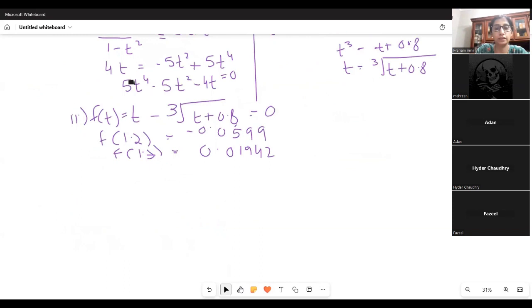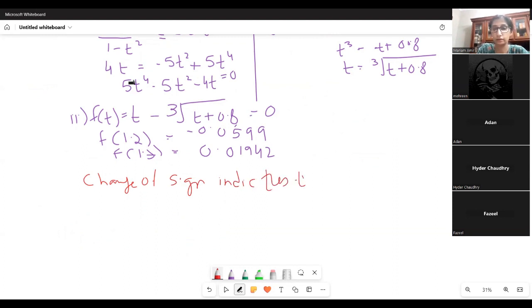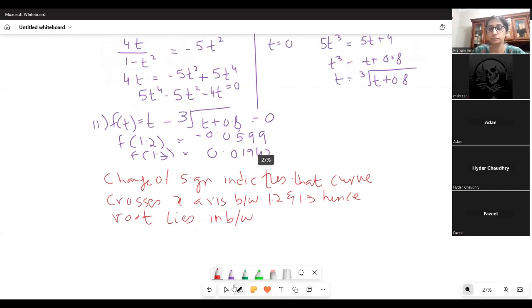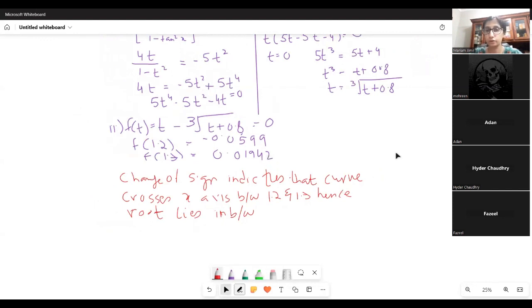So you state: change of sign indicates that the curve crosses the x-axis between 1.2 and 1.3, hence the root lies between 1.2 and 1.3. That's part 2.